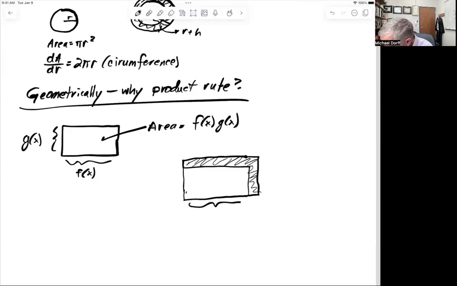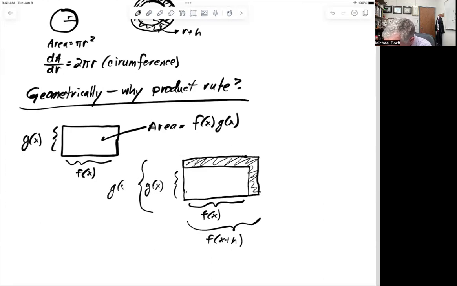And this is my original f, and I've increased the x value by h. So then this new area represents f of x plus h. And likewise, here's g. And now my new side length would be g of x plus h there.